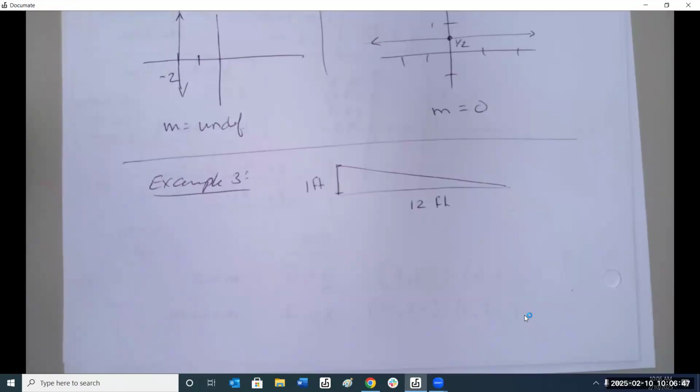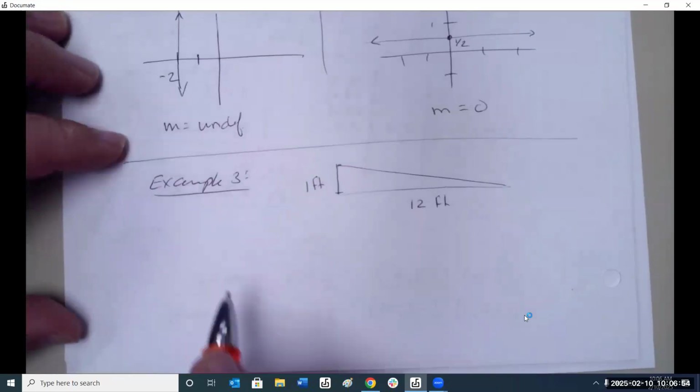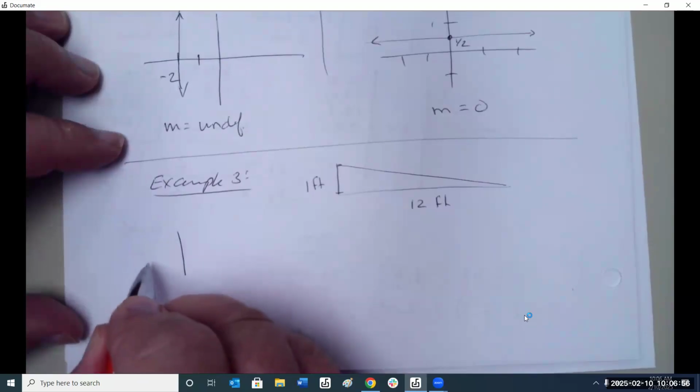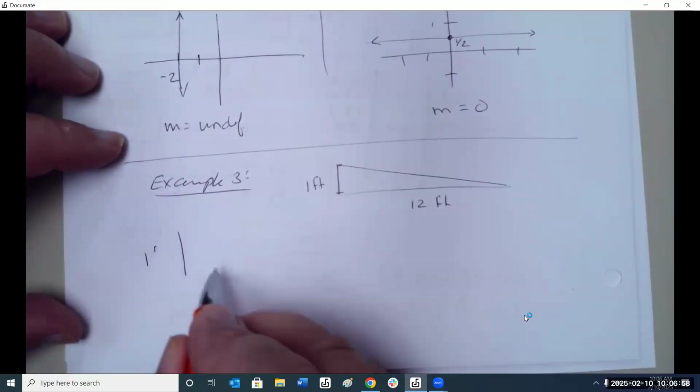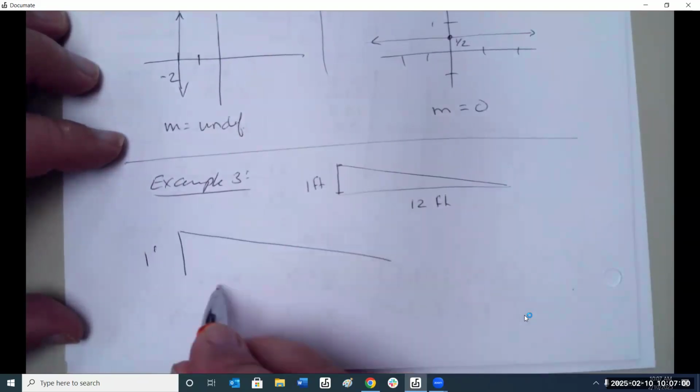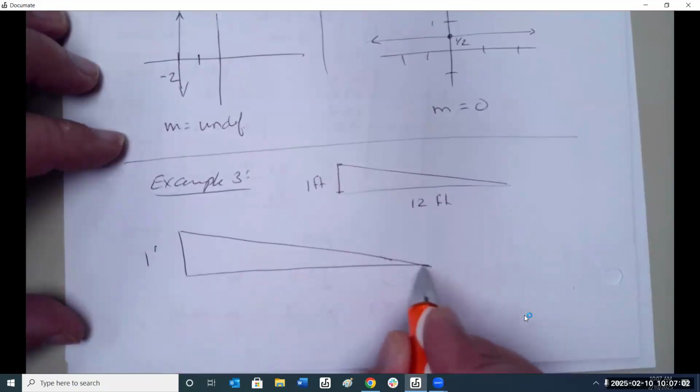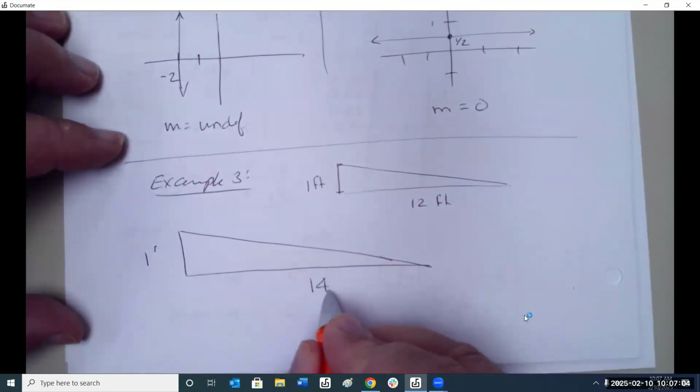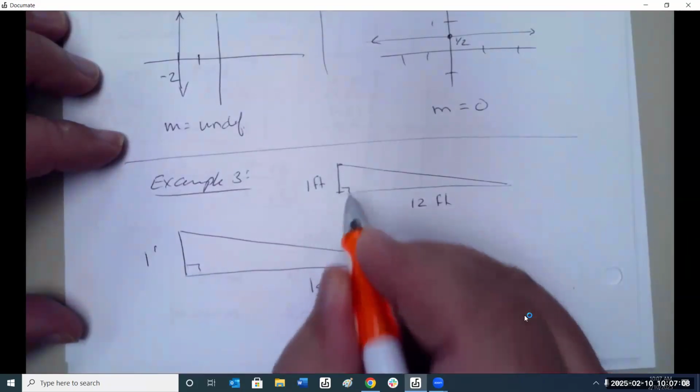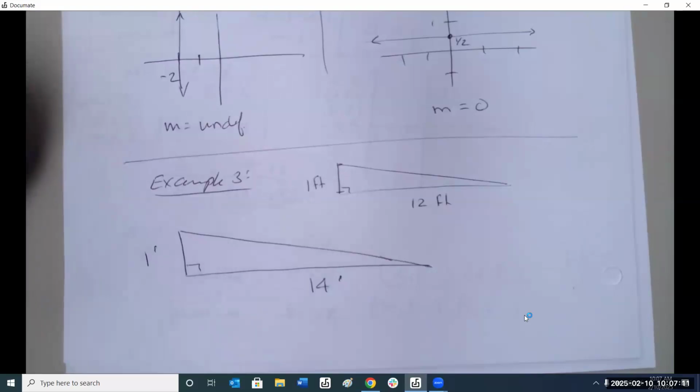So for every 1 foot of vertical distance, there has to be 12 feet of length. What about the ramp at our school? Is that in compliance?